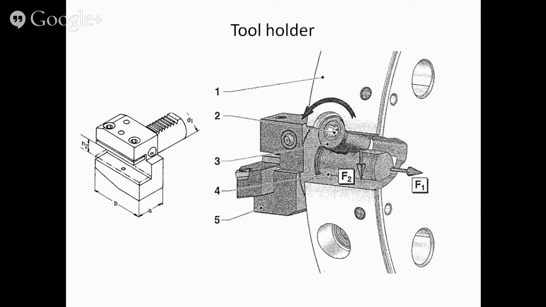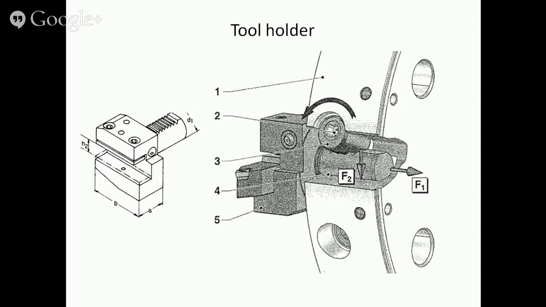Tools are not installed or set up directly in the tool turret. They are clamped in specific tool holders. The upper part of the tool holder shaft is a rack. The tool is clamped in the slot of the tool holder.